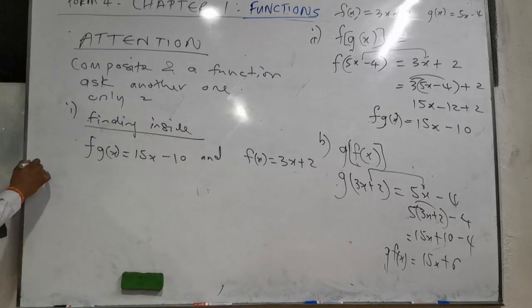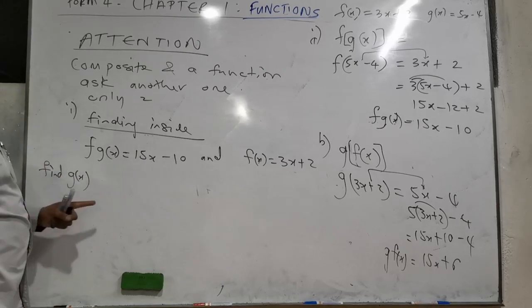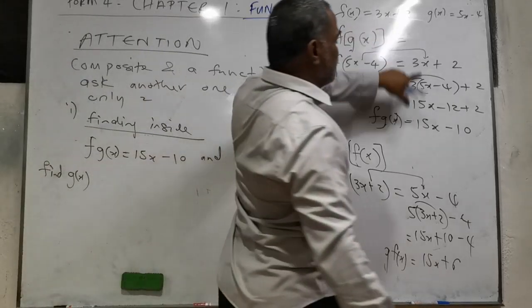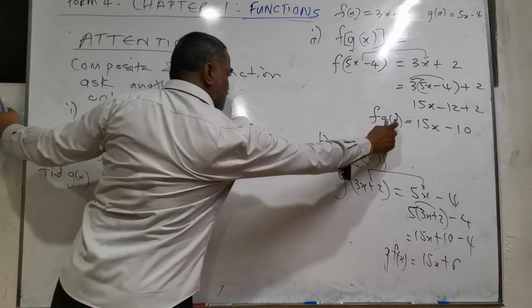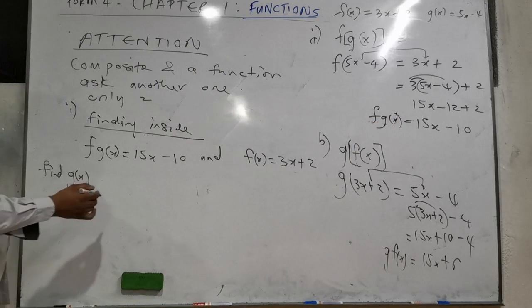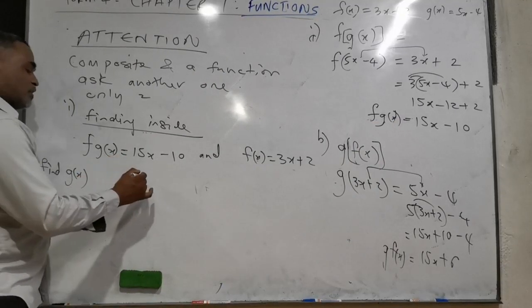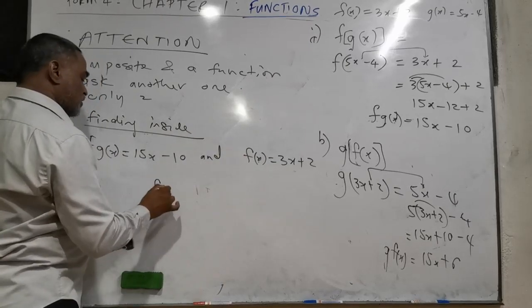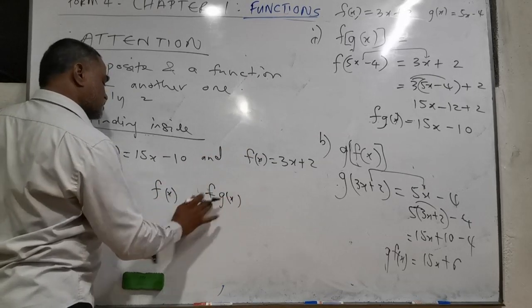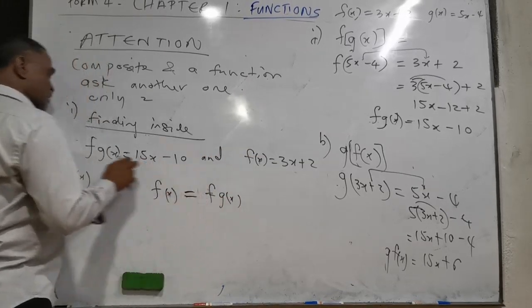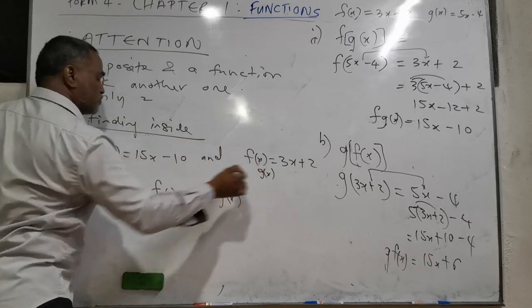They will ask you to find g(x). You see, the difference is this is called an indirect question. In the earlier one they say f and g, we composite, get this answer. Now the composite is given, the f is given, and now they ask to find the g. So the method is, you must make it the same. Okay, how to make it the same? For example, you take this one, f(x), you write down f(x), and this fg(x), you make it the same. How to make it the same? This fg(x), so here also you substitute g(x) into here. Substitute g(x).